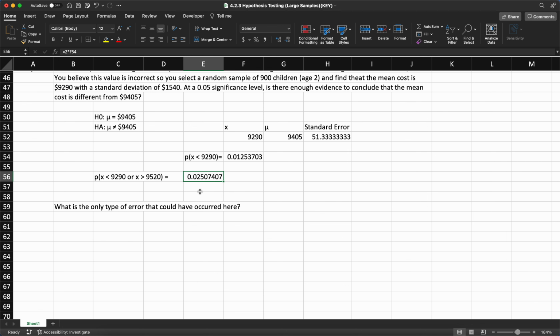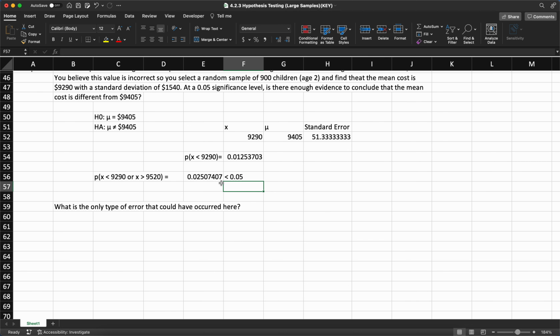And so what that means is that this is less than 0.05, which was originally our significance level, which again, we have to pick before we calculate any values to be ethical in our tests.